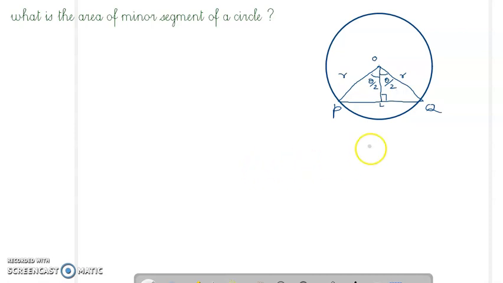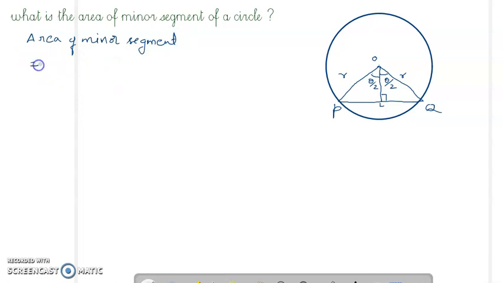So we have to find the area of the minor segment, which you are seeing on the screen. How to find that area is the thing that we are going to see in this problem.